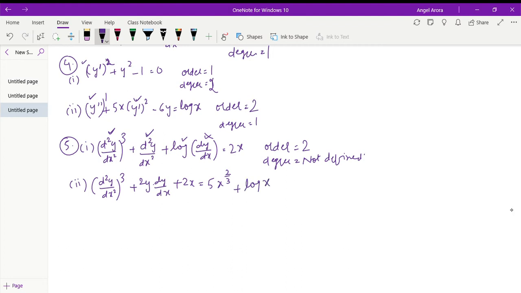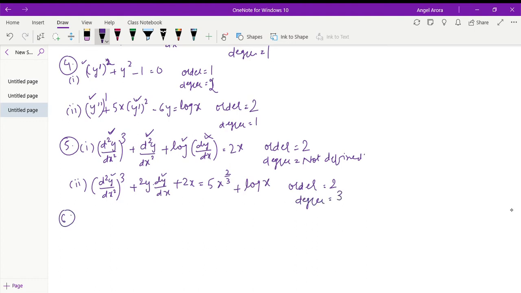So order, second order derivative, first order derivative, and both these are in polynomial form. So order will be 2 because second order derivative is of highest order here, and degree will be 3.